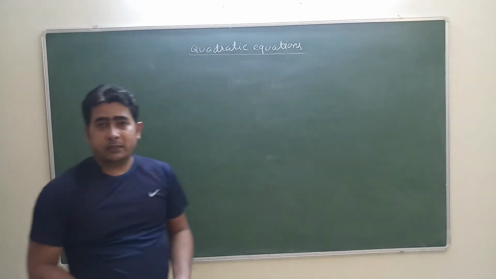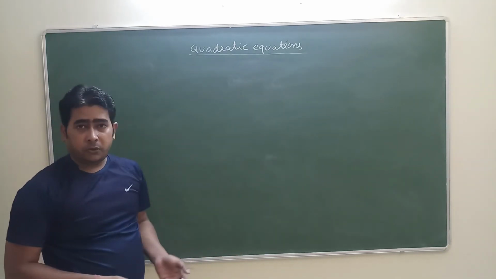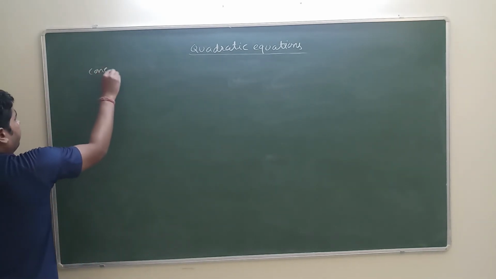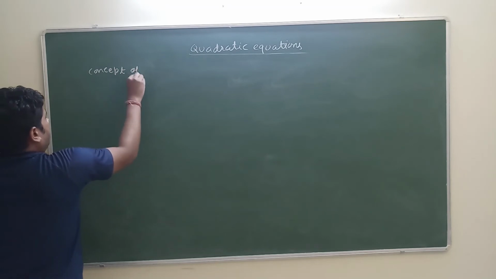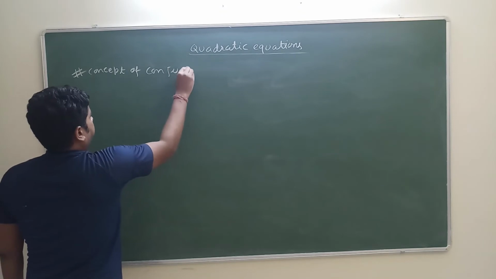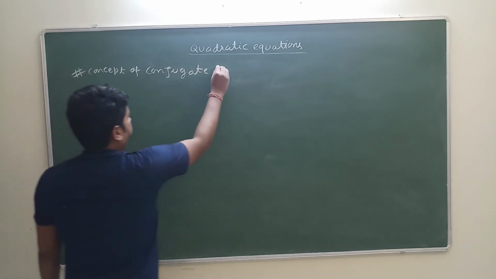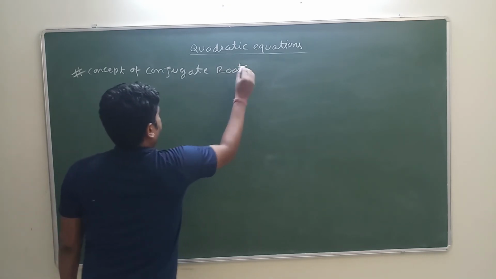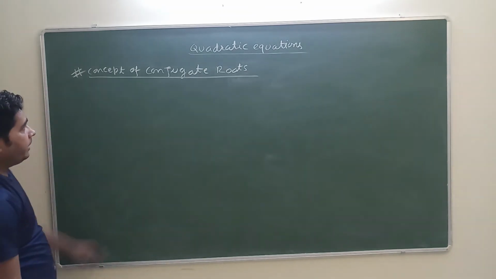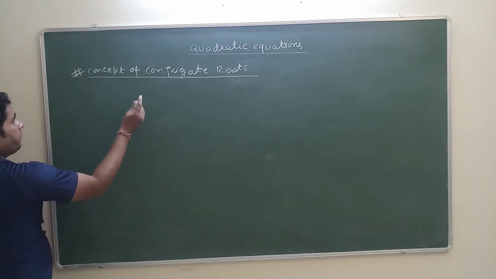So next topic in this chapter is concept of conjugate roots. We will see what are conjugate roots, right? Let me explain this word and then we'll come to this topic.